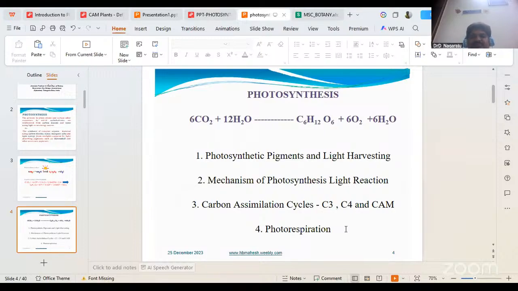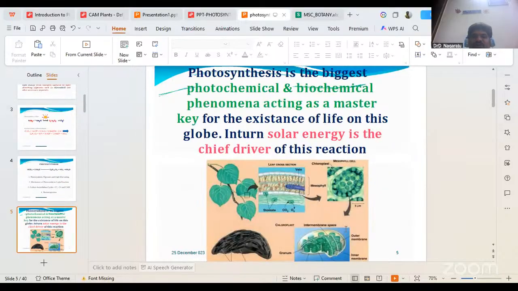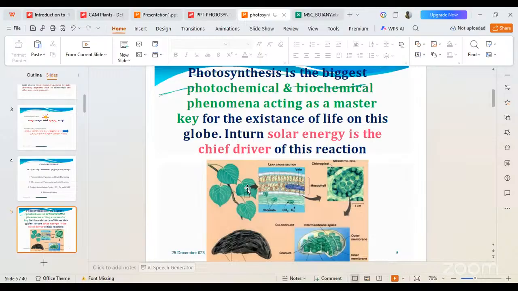You know where photosynthesis occurs, the photosynthetic site: in the green parts of the plant. Where does photosynthesis occur?